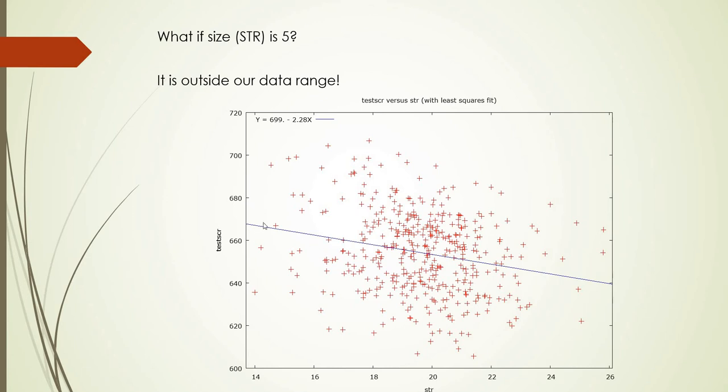So we can calculate it, but it is not reliable because we don't have data, we don't know what is happening outside our data range. So we can only make forecasts for this interval here, from 14 to, let's say, 25 or 26 class size, because here we have data, we know what kind of variation we have.